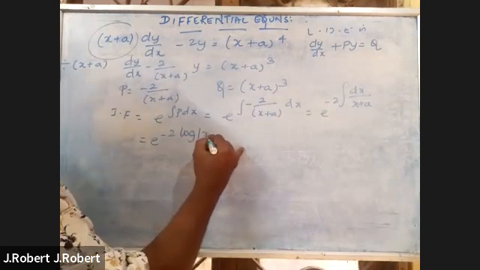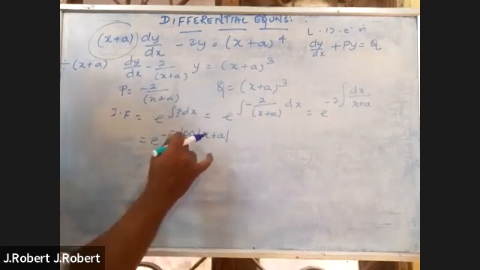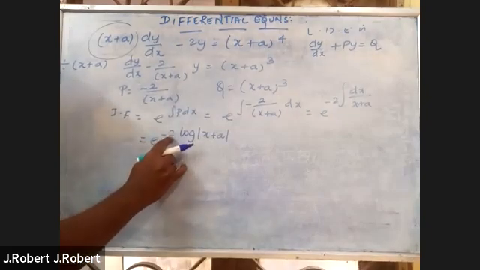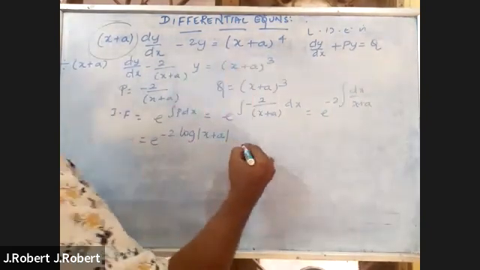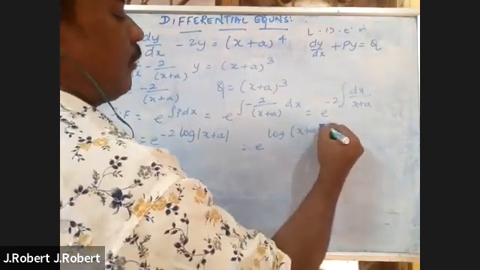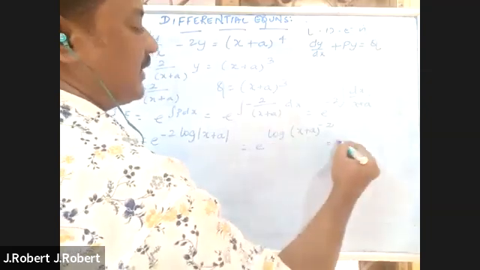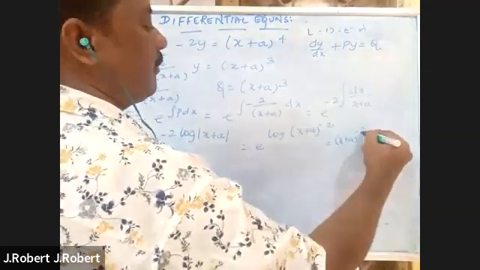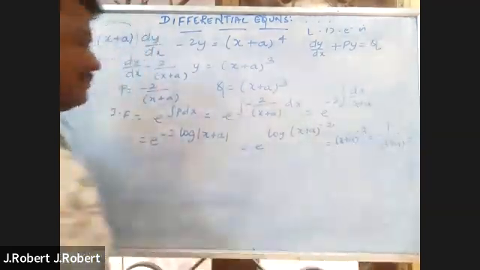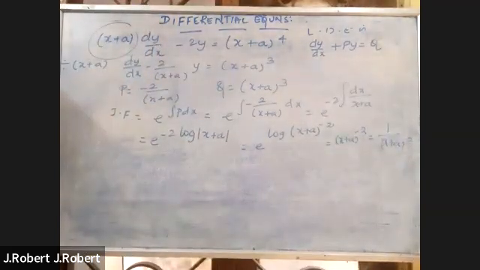It is nothing but log of x plus a. Log and e we can cancel, when there is nothing in front. I'm just bringing this minus 2 to the power using the power rule. E power log (x plus a) whole power minus 2. Log cancels. We get (x plus a) whole power minus 2. We can write this as 1 divided by (x plus a) the whole square. This is called the integrating factor.